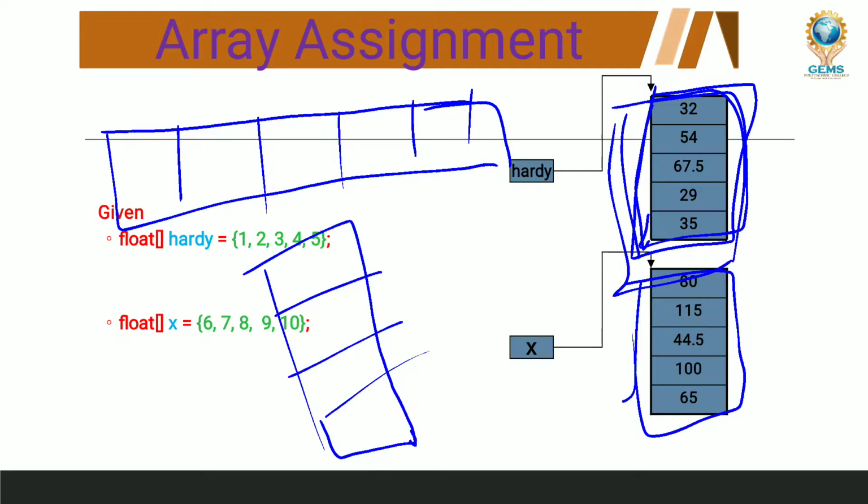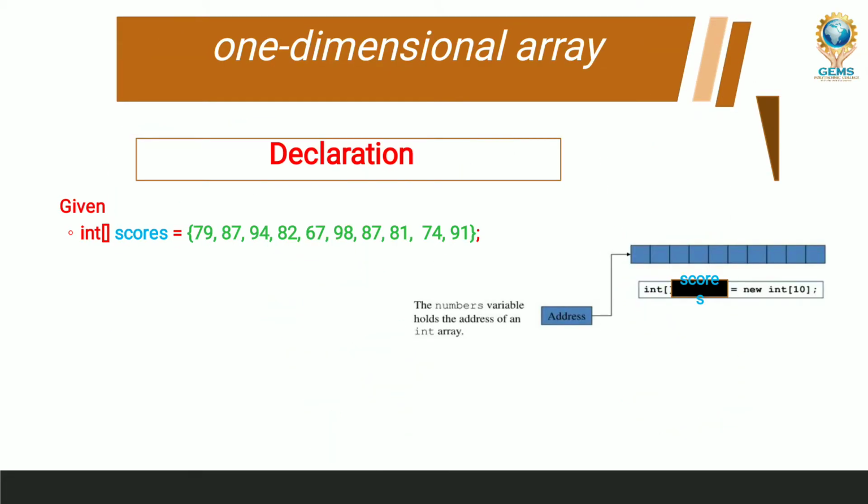Next slide, if you see one-dimensional array declaration. So how can we declare a one-dimensional array? The same procedure that I taught till now will apply here also. When you want to declare a one-dimensional array, we have to think first of the data type, that is integer data type. Then the array name.